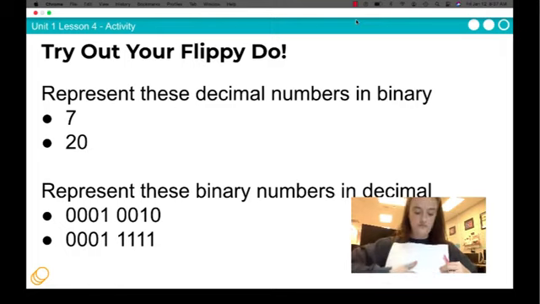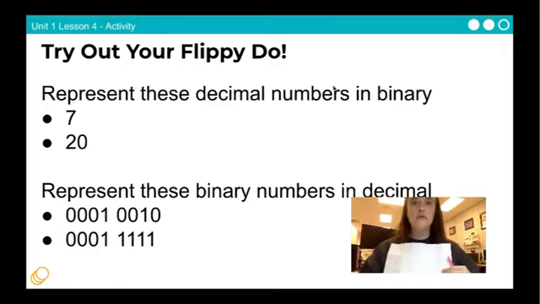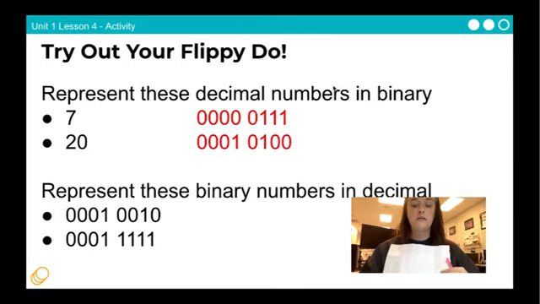Now, let's look at the numbers that are binary and see if we can determine what the decimal number is. Okay? So this 0 right here is the 2 to the 7th power 0.